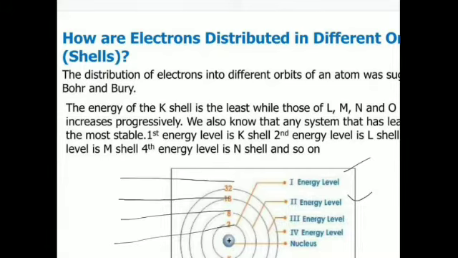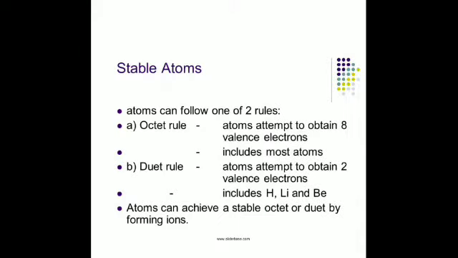For attaining stability, that is, to exist in a form in which they can remain as atoms, they follow the octet rule, or the duplet rule or duet rule. That is, atoms attempt to obtain 8 valence electrons. This term we will study today, the valence electron.